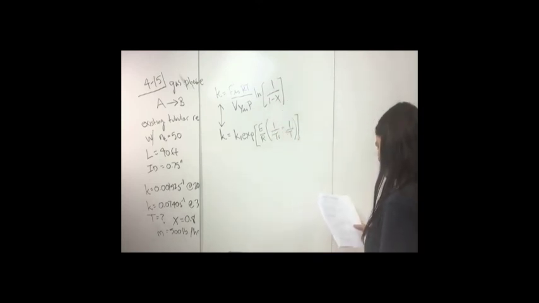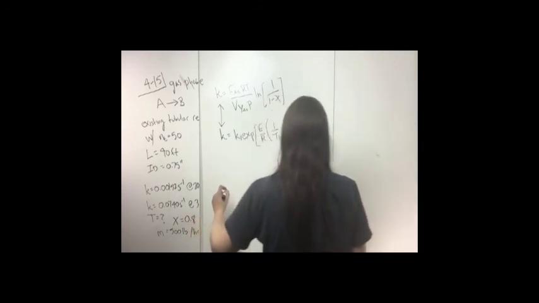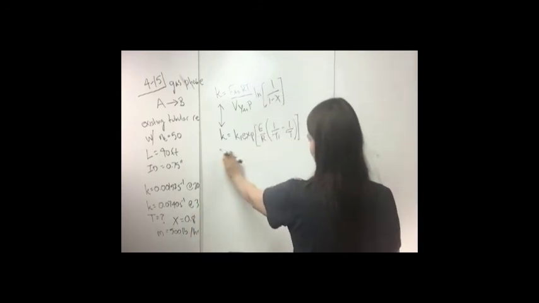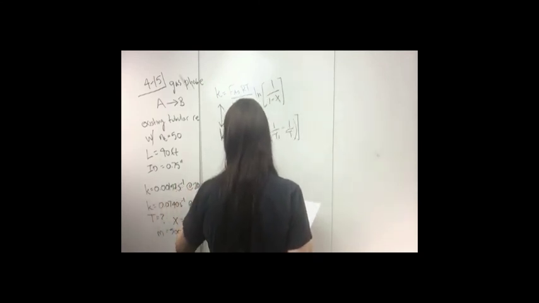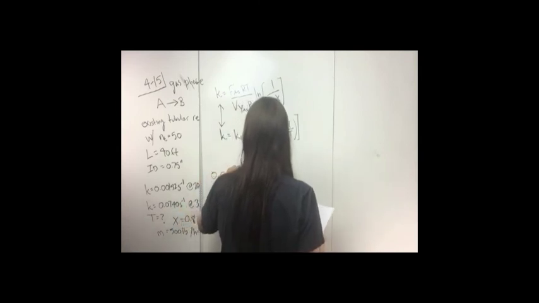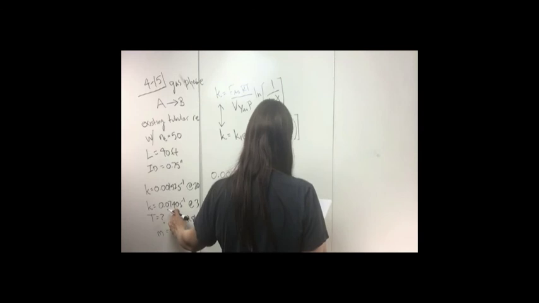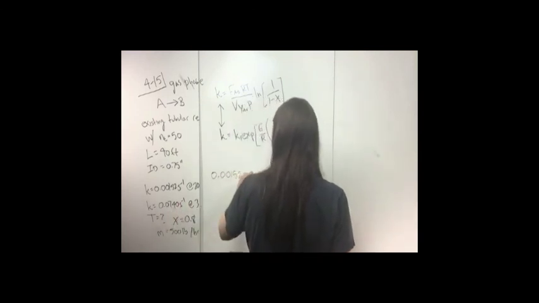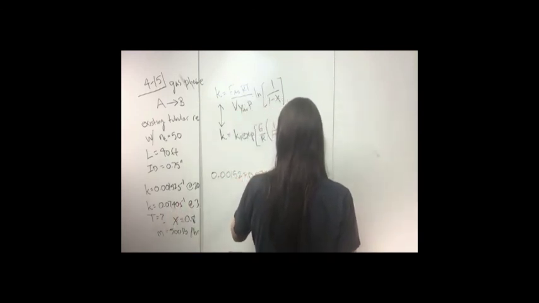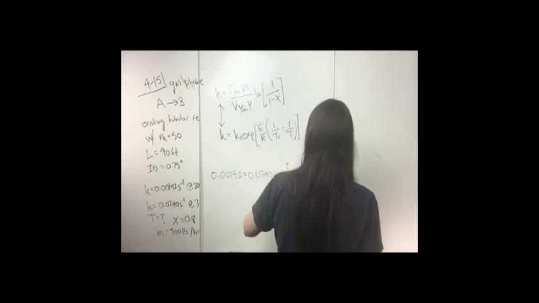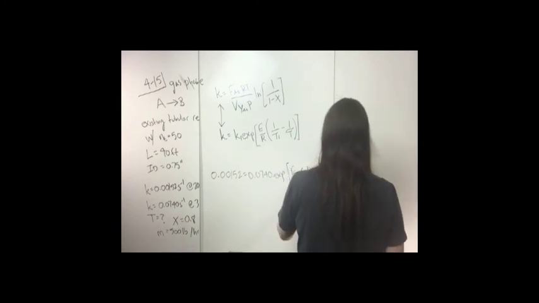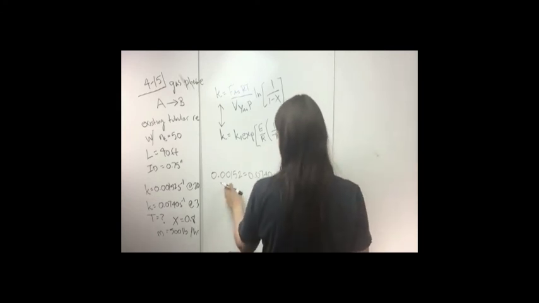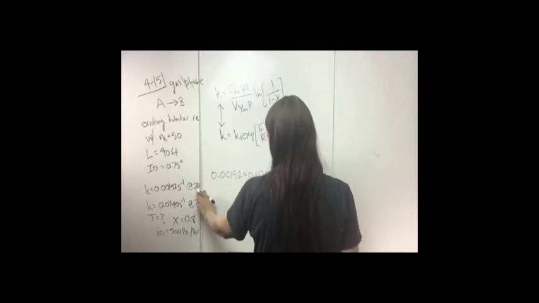So we can take this equation and say, okay, k at this temperature is 0.00152, which is equal to this one, 0.0740, multiplied by the exponent of E over R, and then 1 over, and then this first one would be the temperature at this.